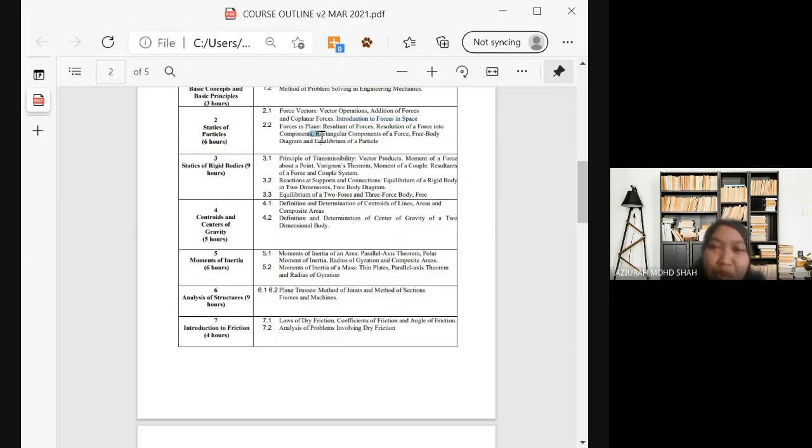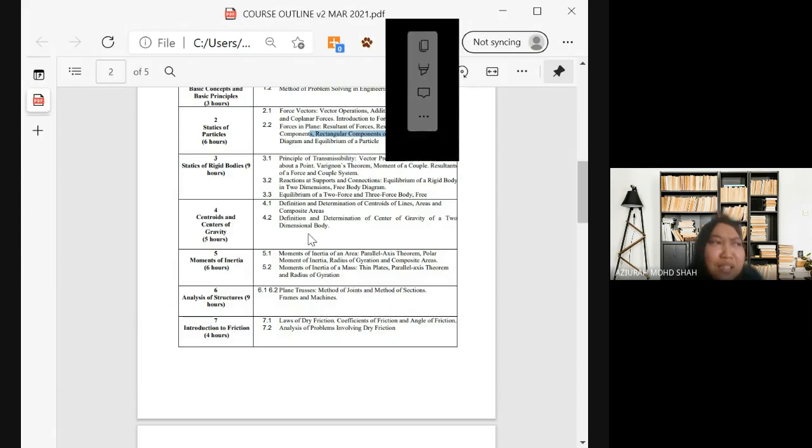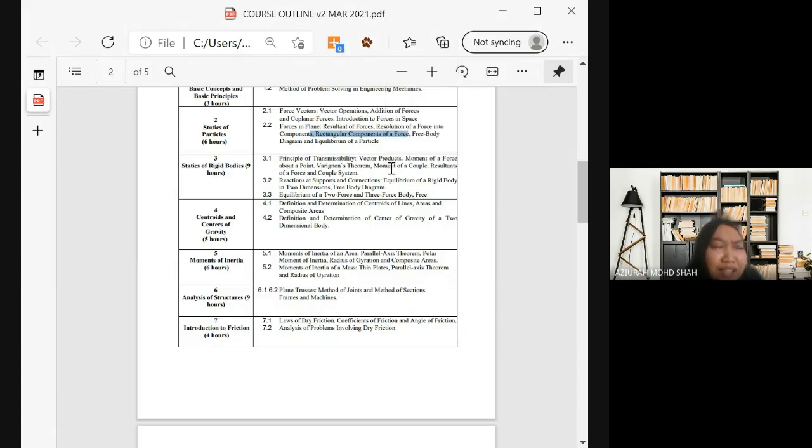Maksudnya you kena betul-betul faham, betul-betul master on this rectangular component. Actually you have learned that in PHY. Kalau siapa yang dah ada benda ni, you can just highlight it je. You don't need to write it back. Siapa yang tak ada, you tulis lah. Dah tulis dah?